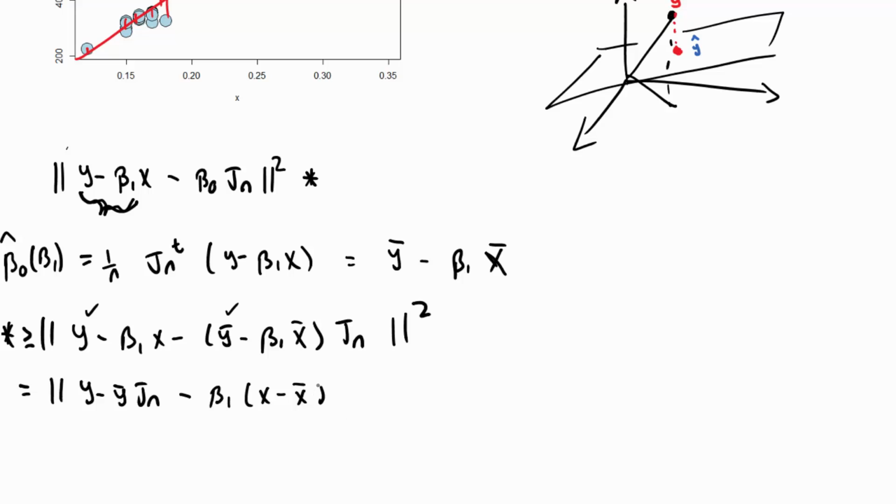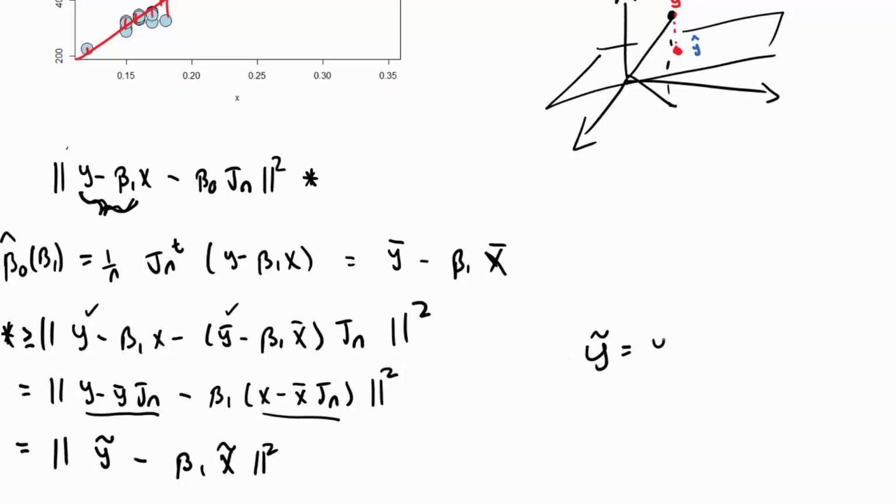Forgot my jn. X bar times jn. Quantity squared. Okay? Now, before, whenever we centered our random variables, we were calling them y tilde or x tilde. So notice this is just the centered version of y, and this is just the centered version of x. So this is now equal to y tilde minus beta 1 x tilde squared, where y tilde is simply y minus y bar times jn, and x tilde is equal to x minus x bar times jn.